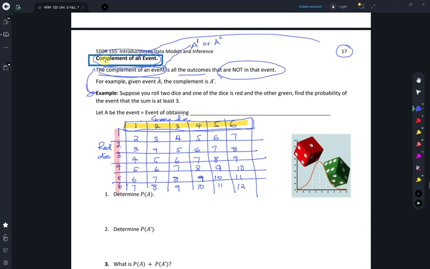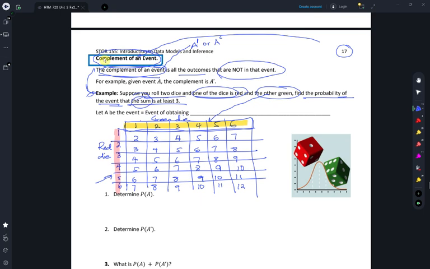Suppose you roll two dice, and one of the dice is red with faces 1 to 6, as we can see here on the screen, and the other one is green with faces 1 to 6. The requirement of this problem is to find the probability of the event that the sum is at least 3. So whenever we throw this die, what we're observing is the sum that comes up.